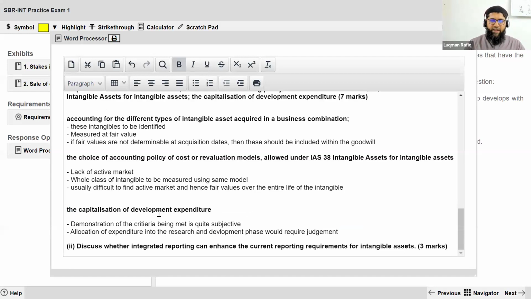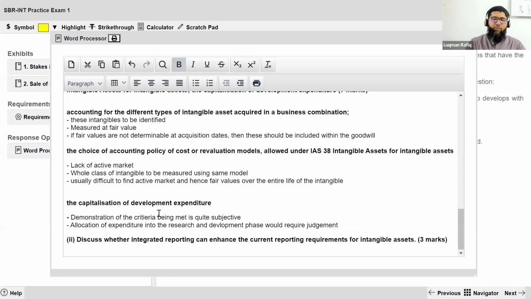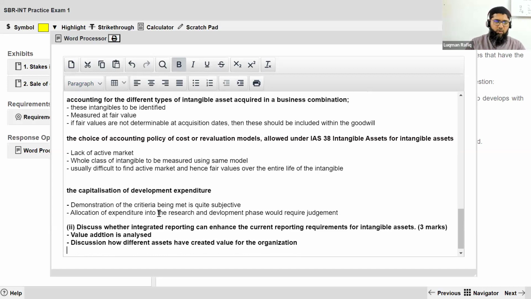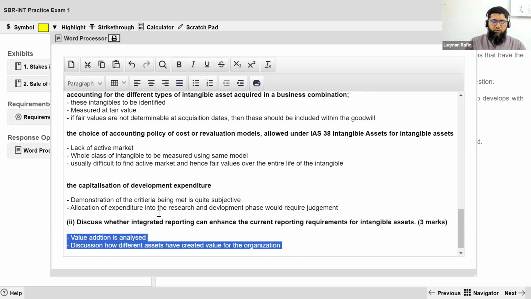Now it says discuss whether integrated reporting can enhance the current reporting requirement for intangibles. What happens under integrated reporting? The value addition is analyzed. Discussion of how different assets have created value for the organization.